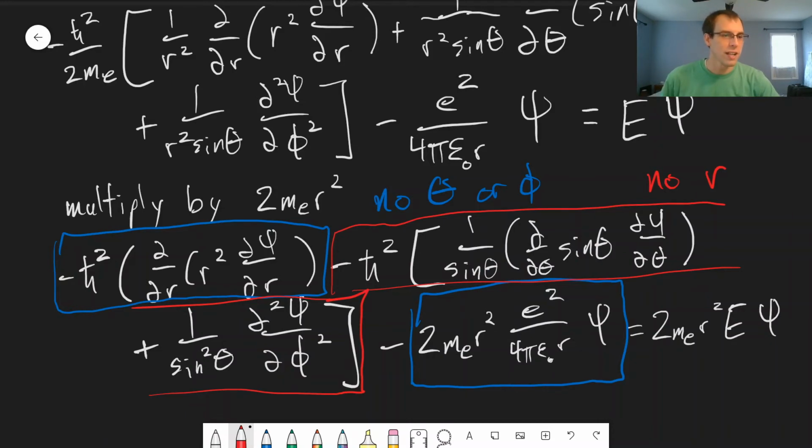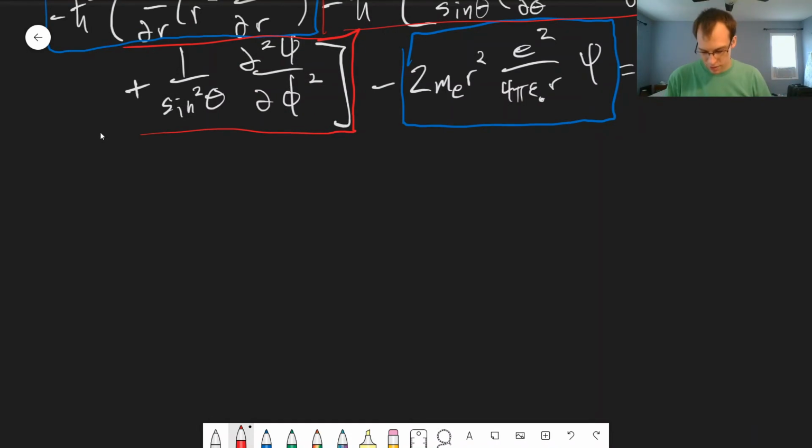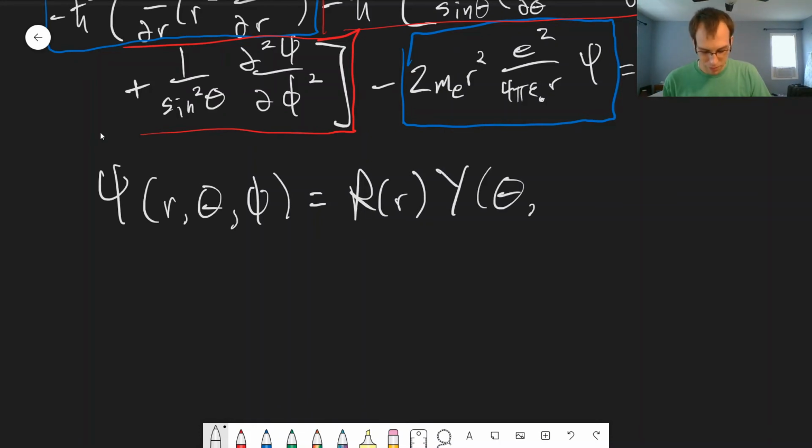And so we can take our wave function, which depends on 3 variables, right? Our wave functions are going to be dependent on r, theta, and phi. But we can say there will be a part that just depends on r, and there'll be another part we'll call Y, because we'll see in a minute, that depends just on theta and phi.